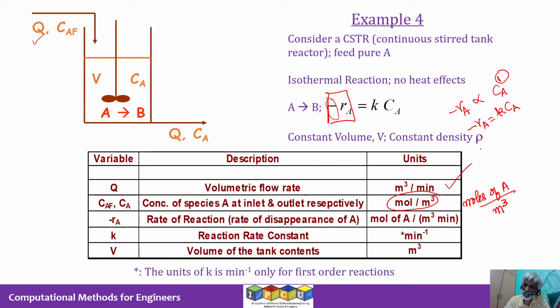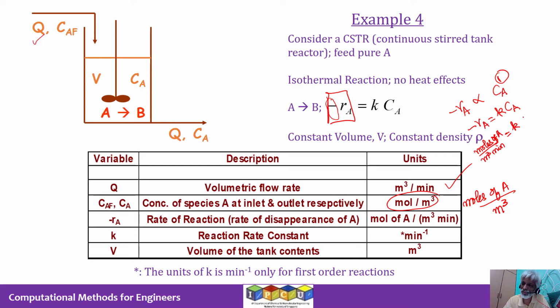Now this RA is going to be in moles per meter cube per minute. Always the rate of the reaction is given by these units, and since we are talking about A, we can write moles of A per meter cube per minute. That's the rate of reaction always. Now that is going to be equal to K times CA.